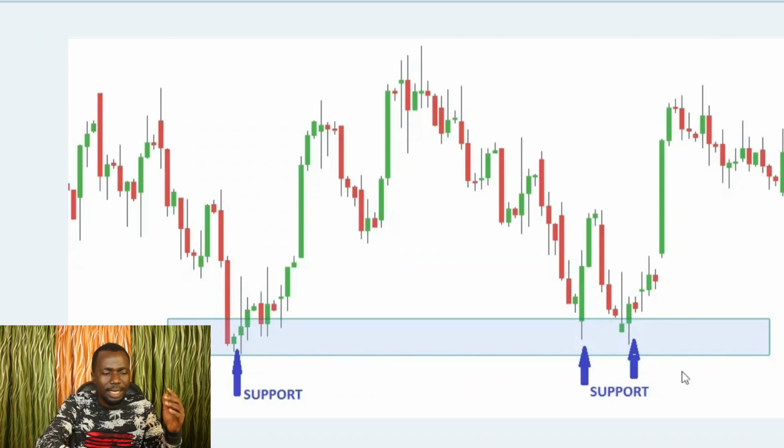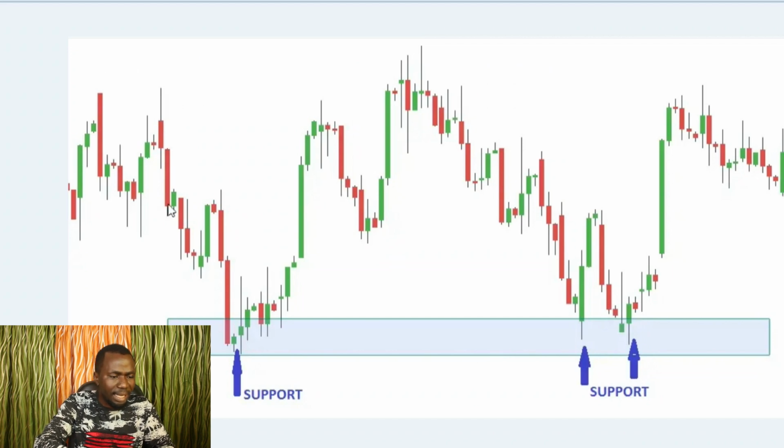So using a rectangle to map out support and resistance levels is preferable for some traders, because if you use just a single horizontal line to draw the support, the price might not get to that line and then reverse. Support and resistance acts like a zone, not just a line. So this is clearly a support level and this is clearly a resistance level.